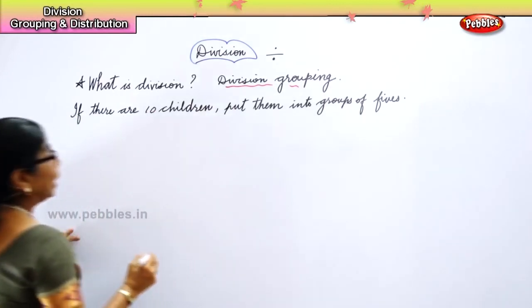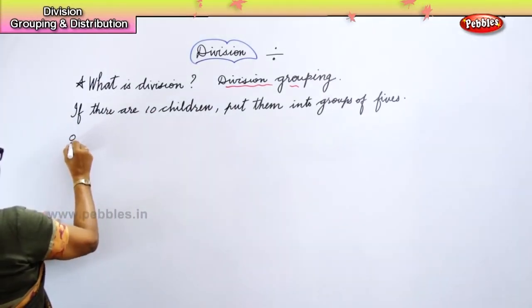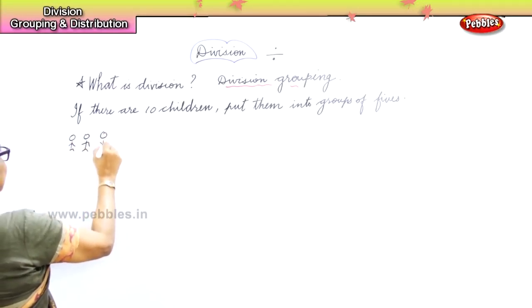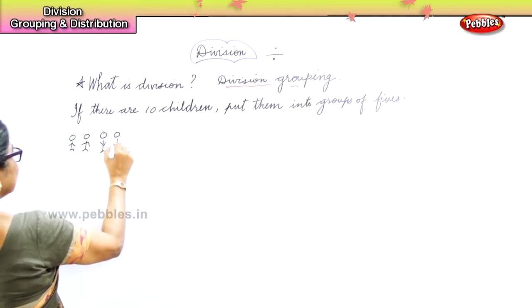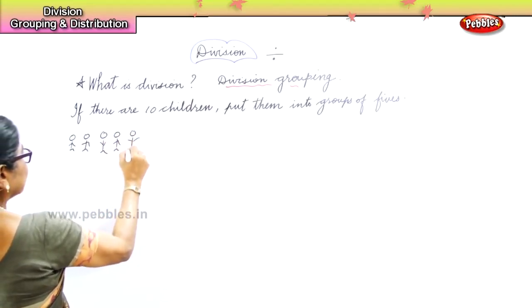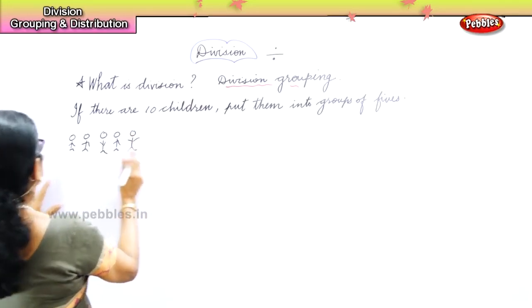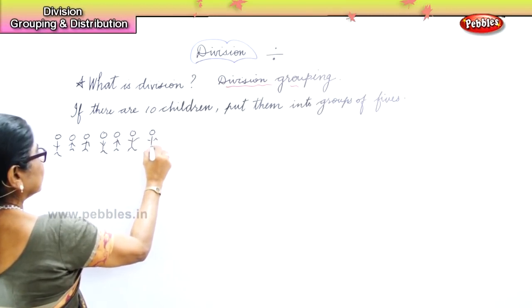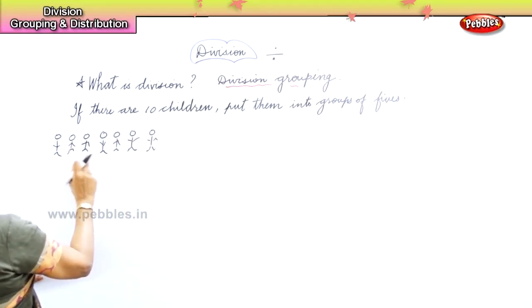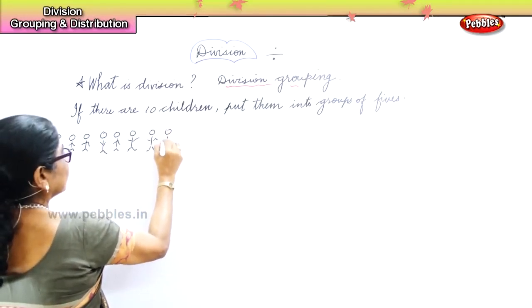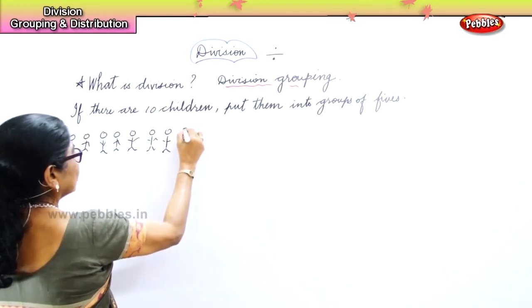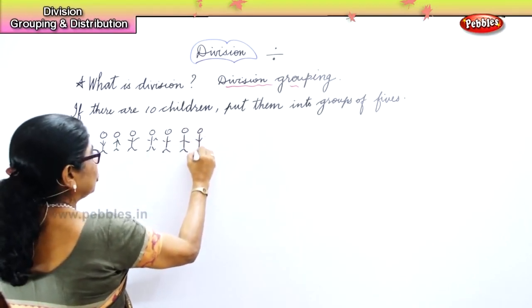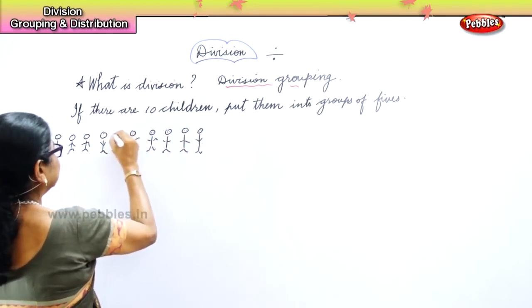Here we have the 10 children. Now we're going to put them into groups of 5.